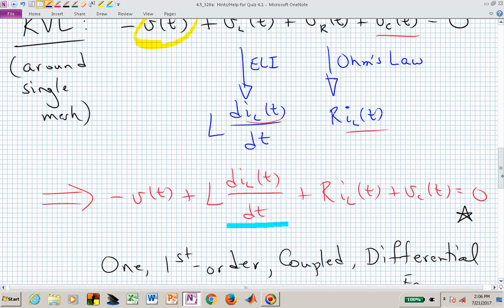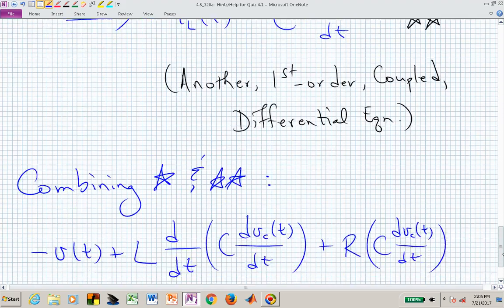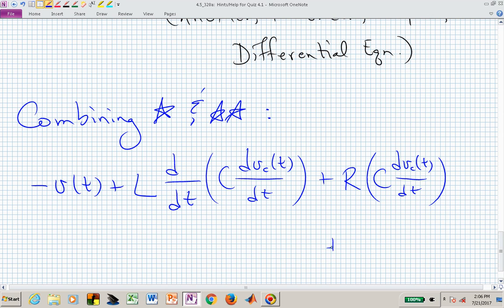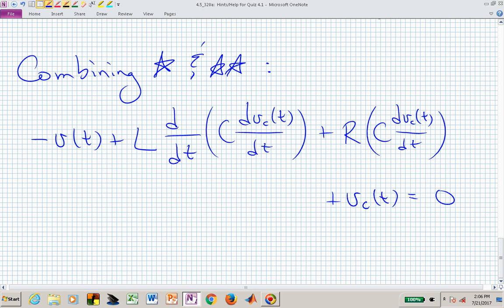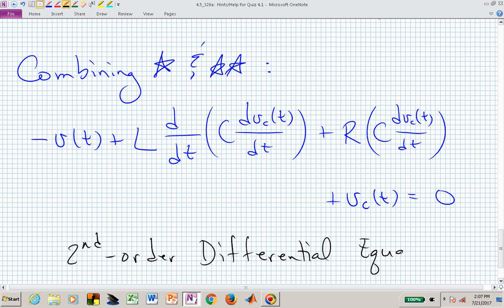And now we have one more, which is plus V sub C of t equaling 0. And this is now our second order differential equation that is true for that RLC circuit.